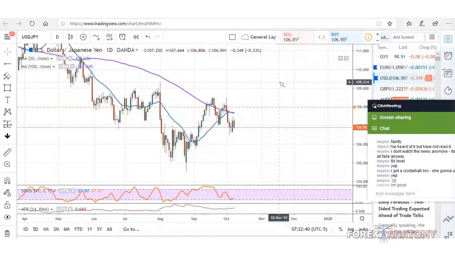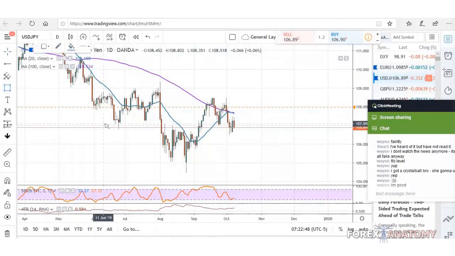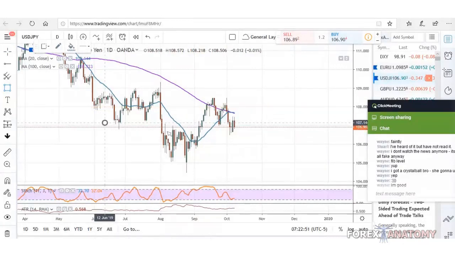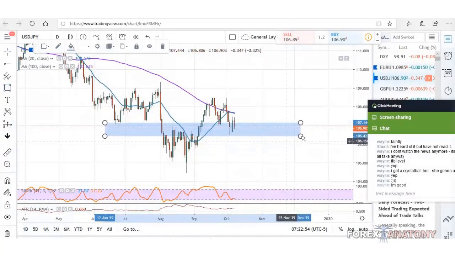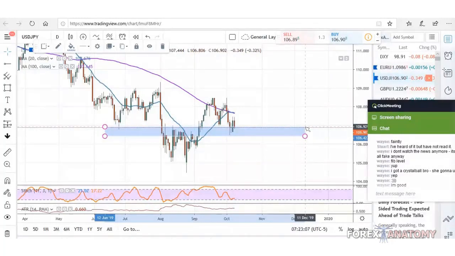I'm not going to get too much into it right now, but for starters, we have this zone right here, a zone of daily structure support. It was support here, functioned as resistance multiple times here, and now it's functioning as support again.